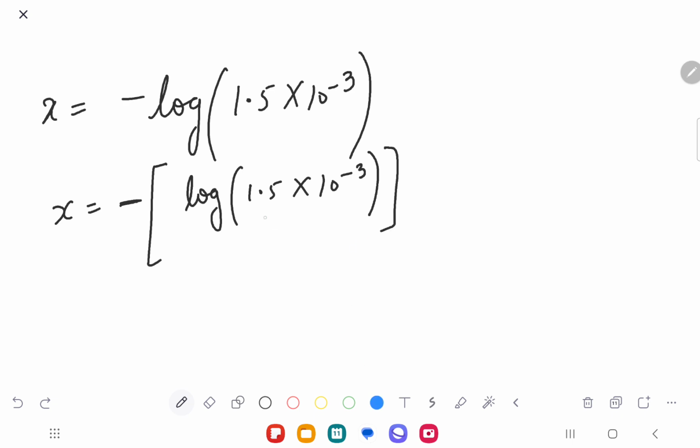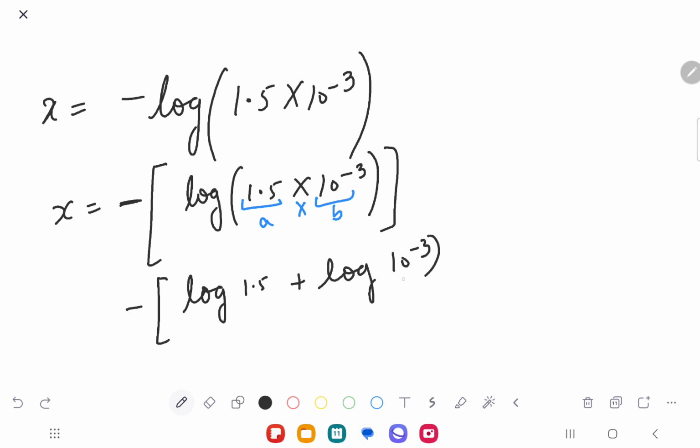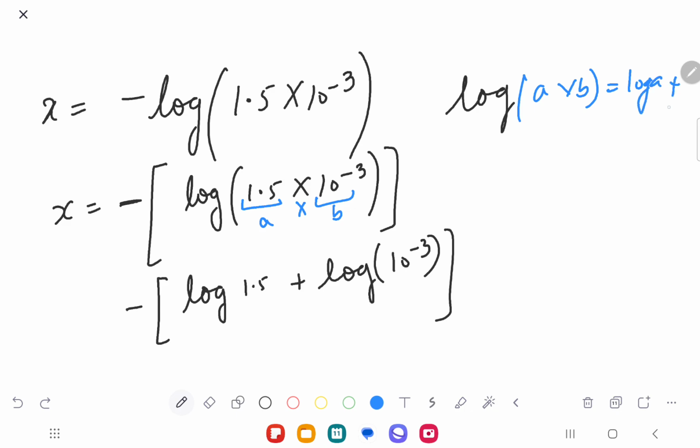So what do you see here? It is basically working like log of a times b. So forget about this minus sign. Log of a times b is nothing but log a plus log b. So it shall be log 1.5 plus log 10 raised to power minus 3. Because we know the property that log a times b is nothing but log a plus log b.